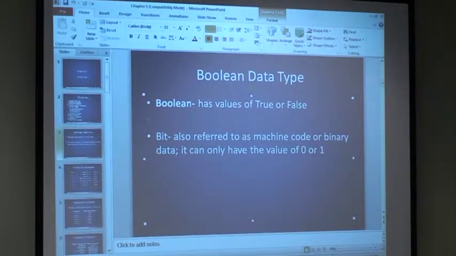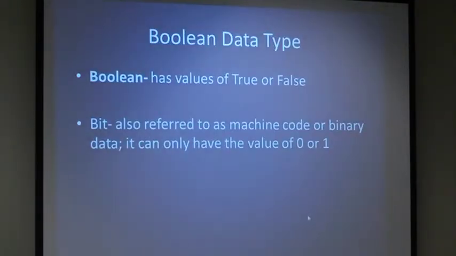So there's a type called Boolean in most languages, computer languages, and you can assign values like true or false to them, nothing else. Okay? You can't even assign 0 or 1 because that would be a number. Some languages allow you that, but most do not.